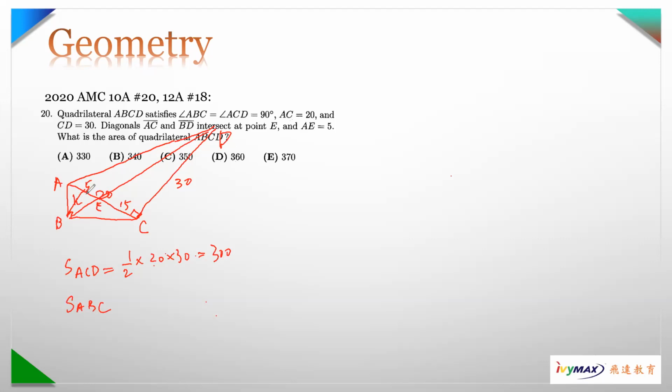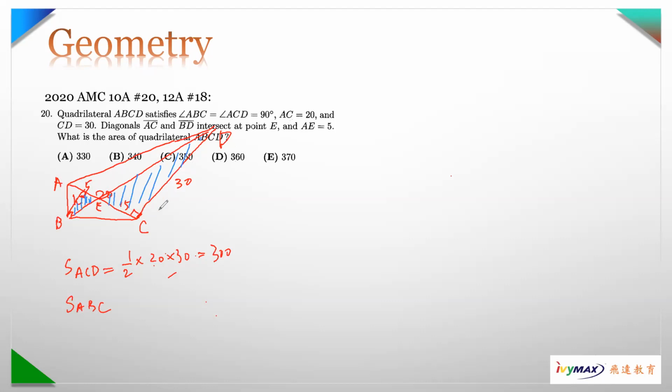Since this is h, this part is the right angle here. Then I can find it by using another color. This right triangle and this right triangle should be similar. Based on that, we know EC is 15 and DC is 30, so this is double the length.